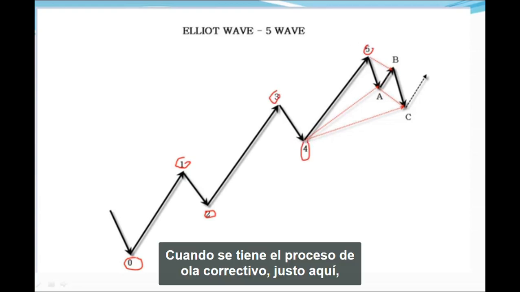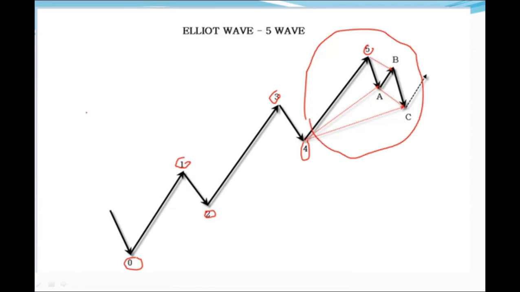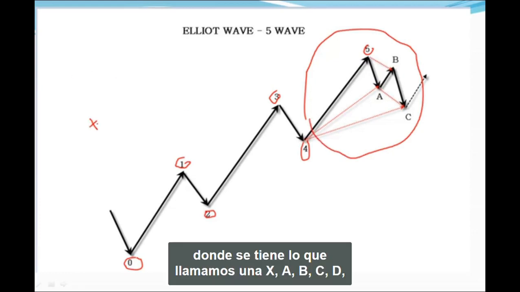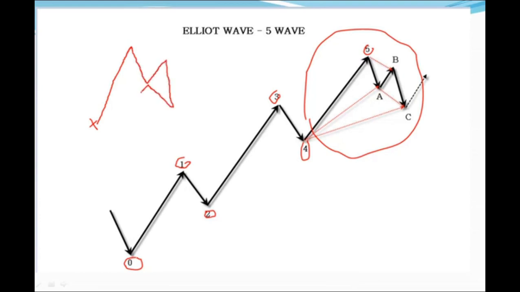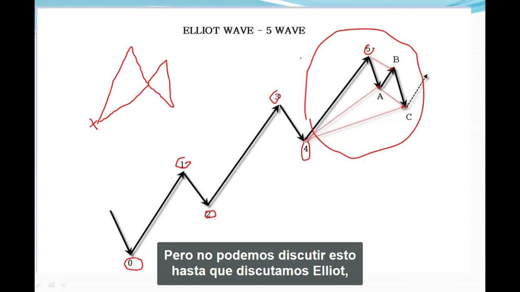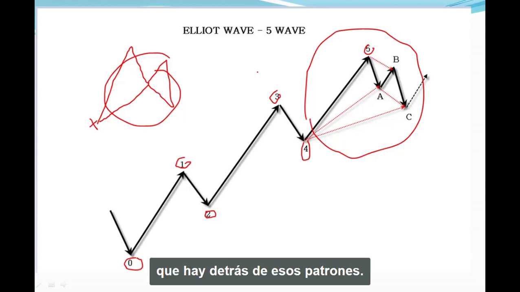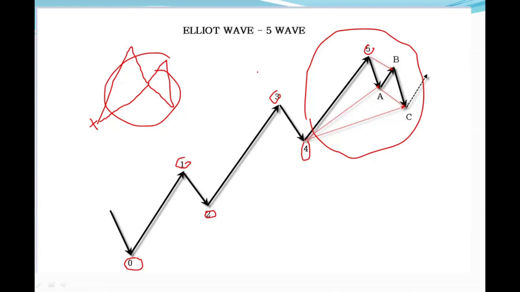When you have that corrective wave process right here, this actually also turns into that harmonic wave, where you'll have what we call an X, A, B, C, D, and it looks something like that. What we call maybe a Gartley or a butterfly or a bat or a crab pattern, which we're going to discuss next week. But we can't discuss this until we discuss Elliott, and we discuss the trend, and we understand the foundations that go behind these patterns.